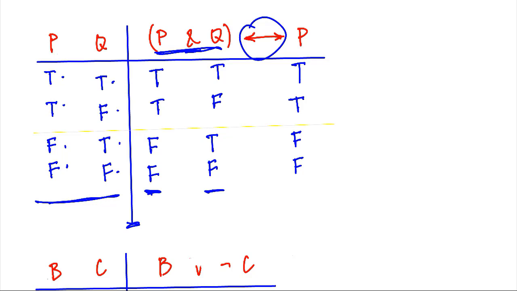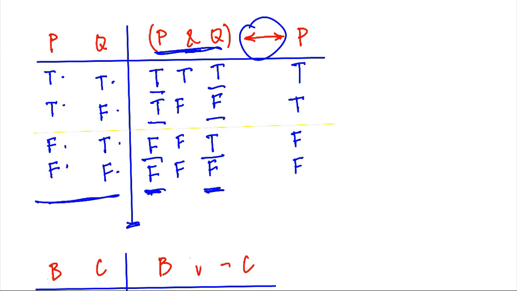And on that, you can see that if P is true and Q is true, then the whole sentence is true. We put a T there. If P is true and Q is false, the full sentence is false. So we have an F there. P is false and Q is true, the sentence is false, so we have an F there. And if they're both false, then the full sentence is false. Okay, next, I should have done that in a different color. Let me change colors.